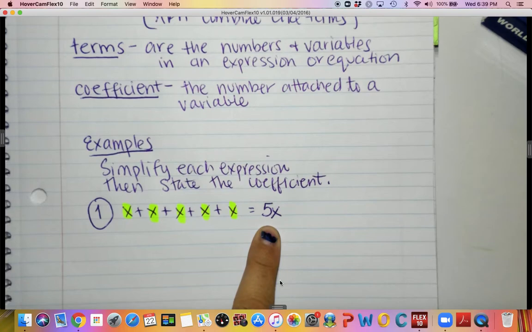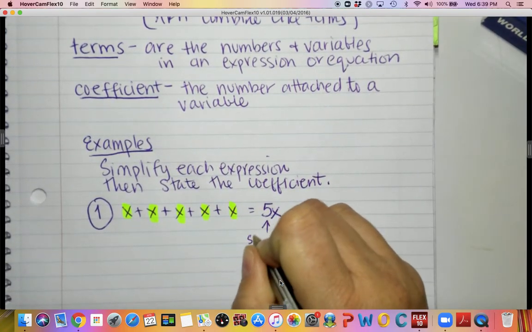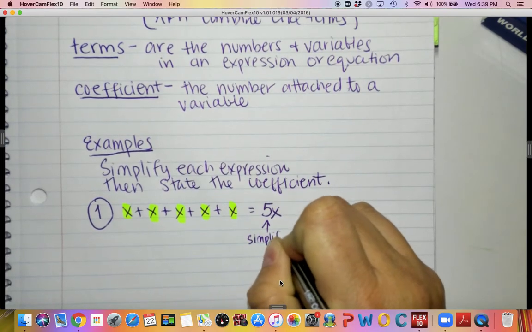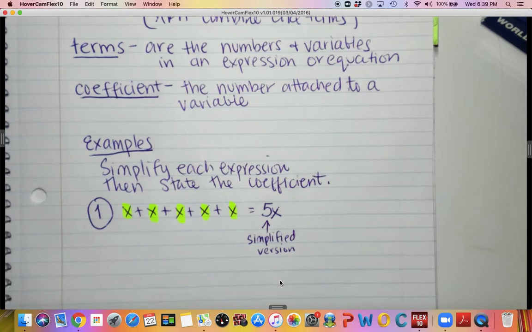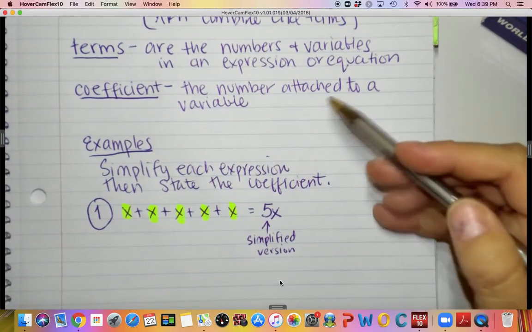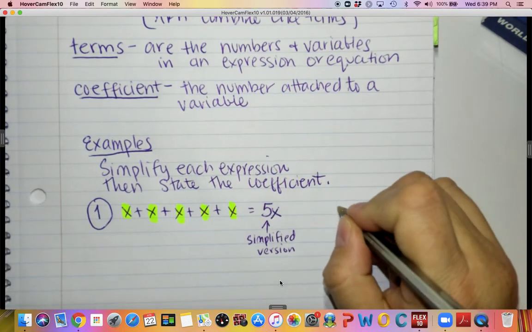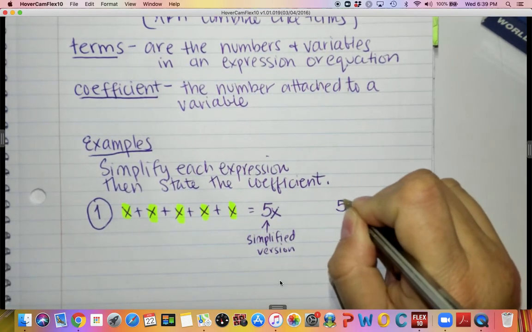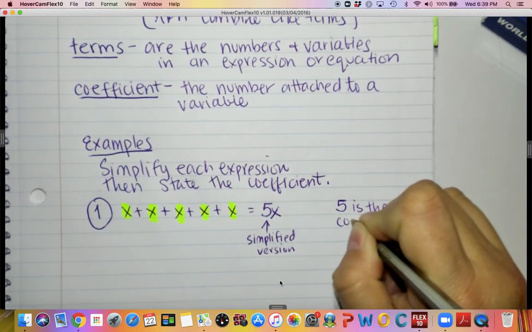So here's the simplified version. And then our coefficient, like I said, is the number attached to the variable. So our number attached to the variable, 5, is the coefficient.